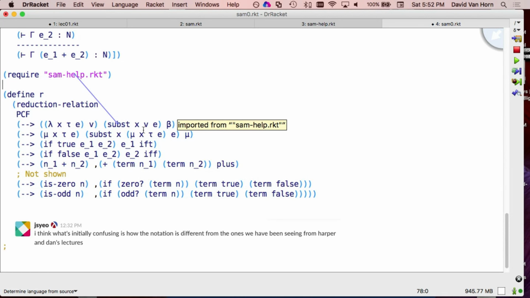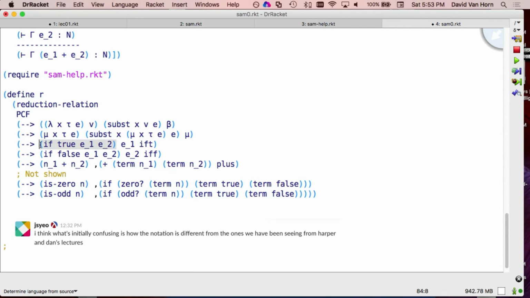And now subst is defined, and it should do the right thing. Okay. All right. Here is mu. What Sam called mu, what I think Bob and others called rec. Okay. But same thing, different notation. Substitute the whole thing itself in for x in the body.